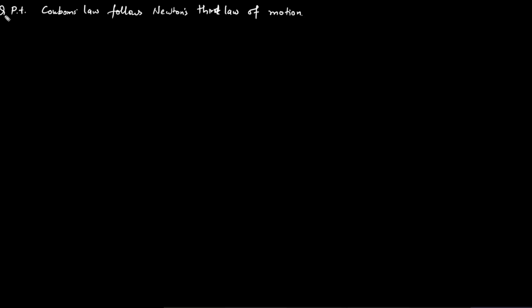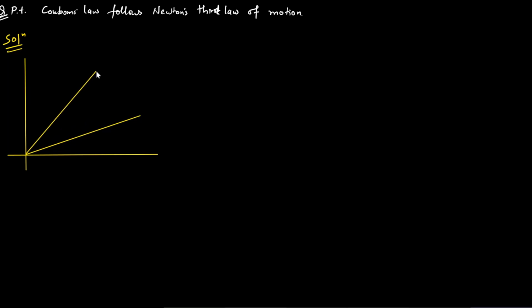So now how to give the solution? Okay, so here we start. First of all, we will take a system in which two charges are there. Let's say this is a Cartesian coordinate system, and in it we are taking two charged particles.